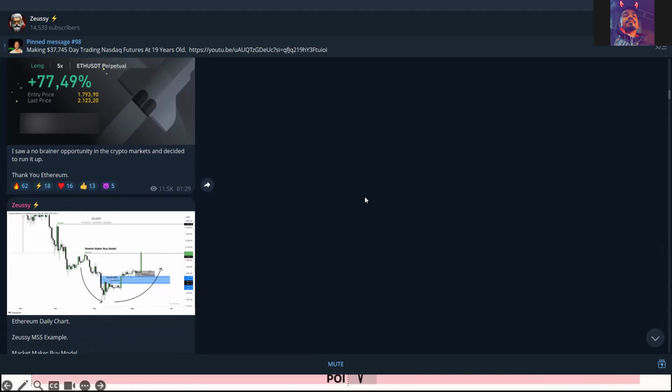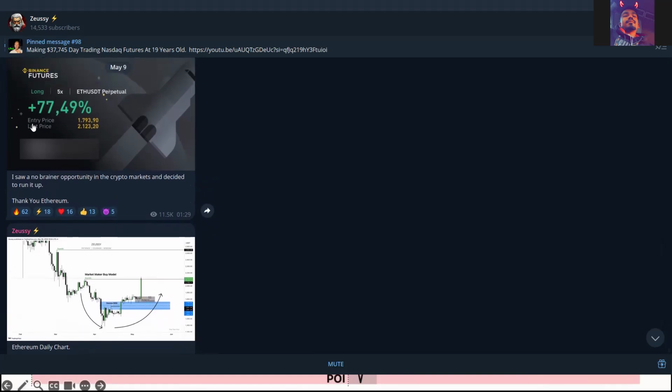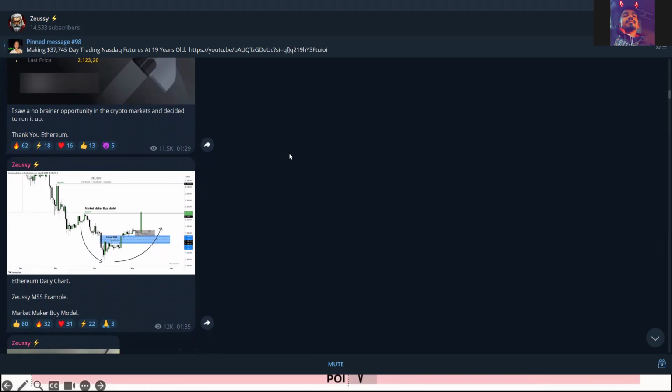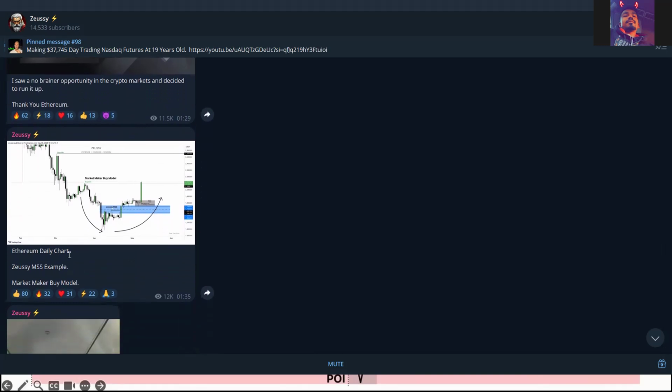Wherein he was long, the entry price was 1793. Okay, this is the Ethereum daily chart, Zeussy market structure shift example, market maker buy model.